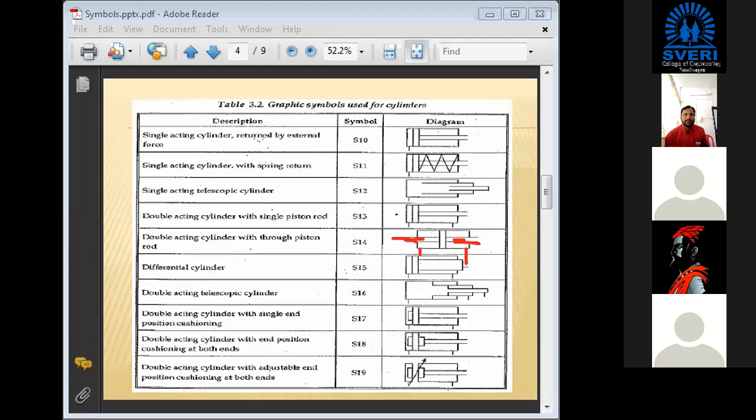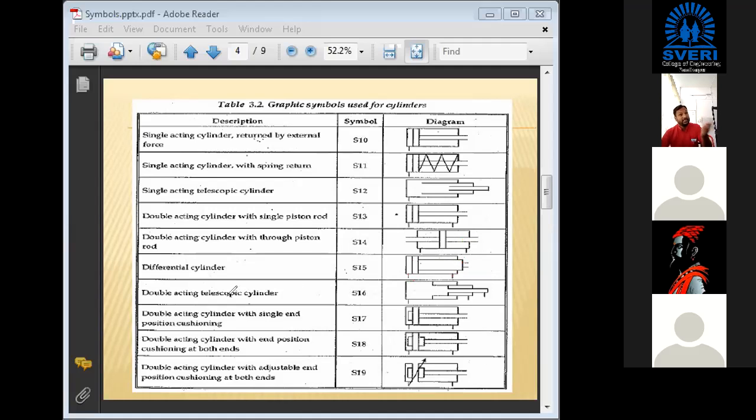Getting it? Now coming to the differential gearbox, sorry, differential cylinder. Differential means what? Double acting will be there, that means the cylinder along with this double acting, this one and this one, along with that your plunger and this differential. See, this one and this will be your piston. This is a differential.